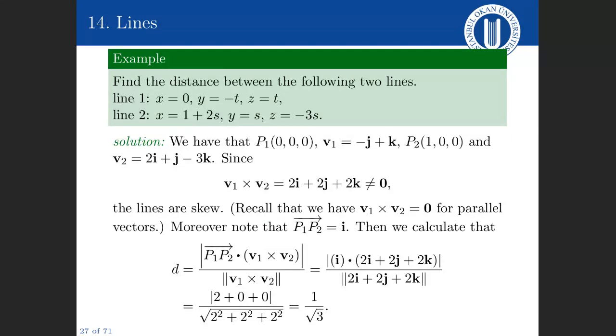For example, find the distance between the following two lines. Line 1: x is 0, y is minus t, z is equal to t. Line 2: x is equal to 1 plus 2s, y is equal to s, and z is equal to minus 3s.